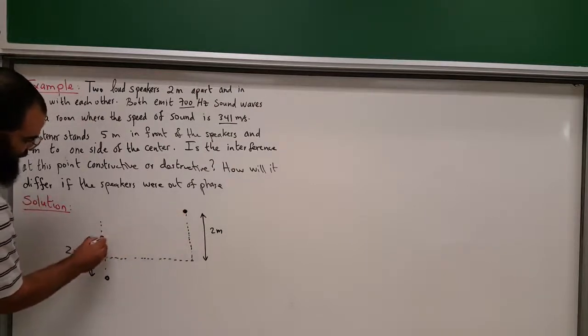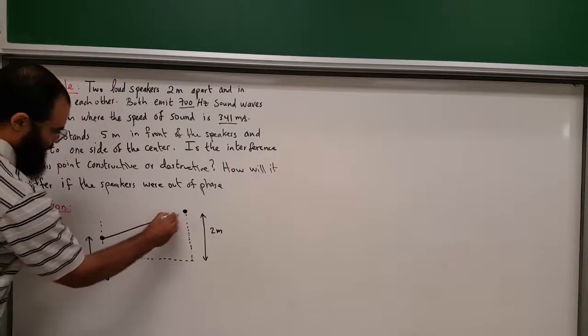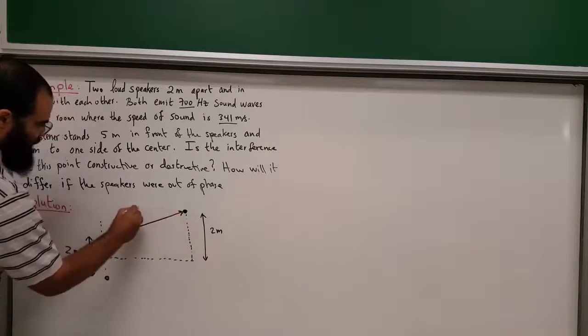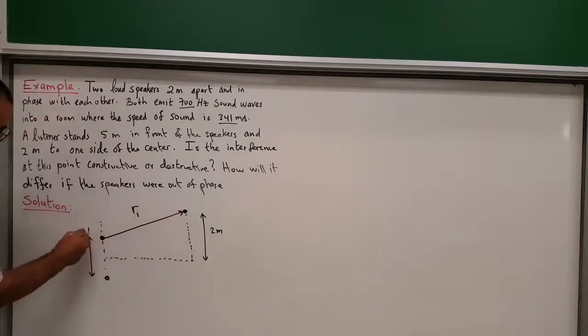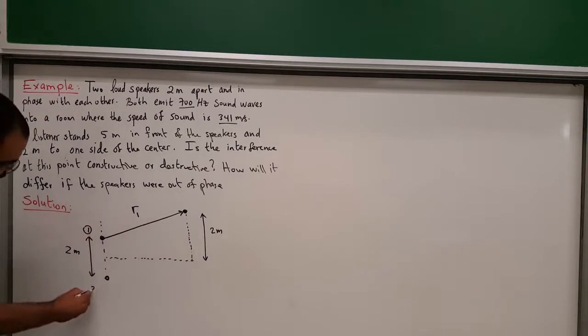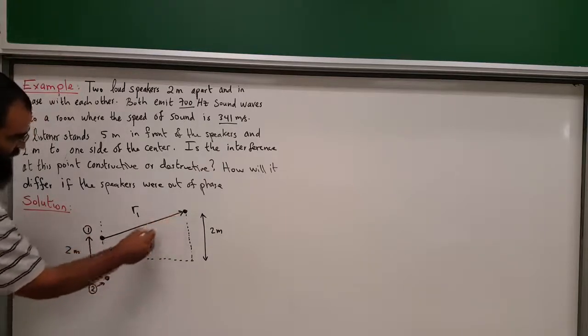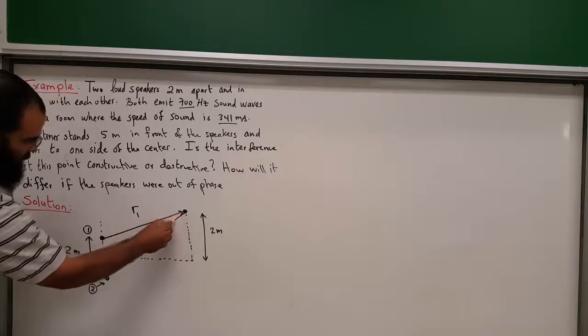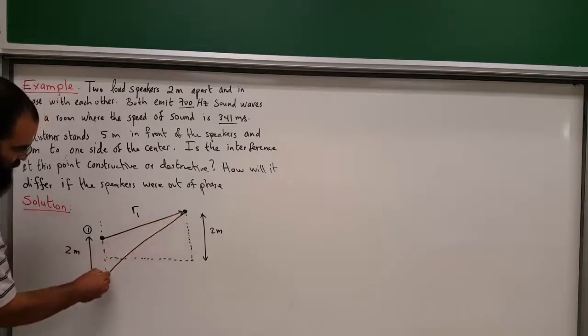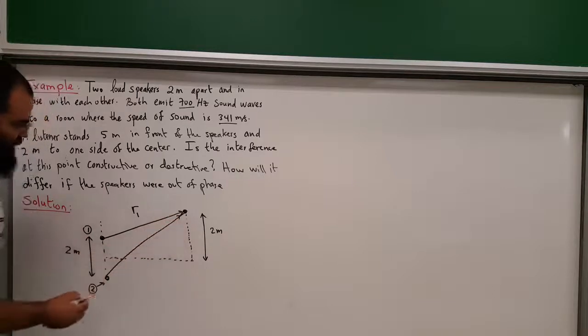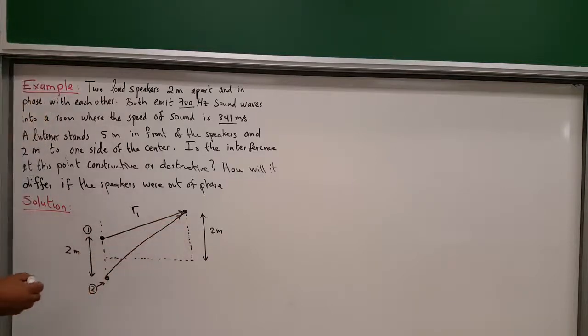So they travel from here to here. This is R1. Let's call this one speaker 1. This one will be speaker 2, and so this thing here will be R2. Let's calculate R1, R2, and then see what we get.